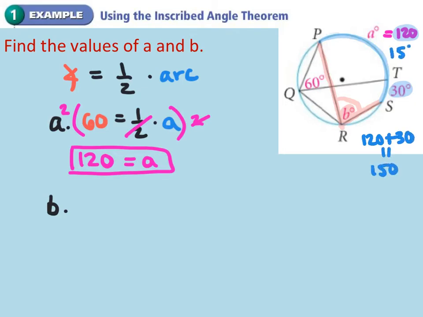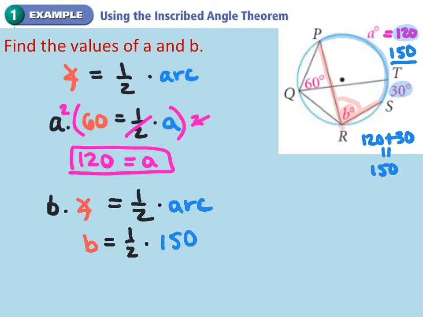So this arc has a length of 150. So now if I use the formula, the angle equals 1/2 times the intercepted arc, we have that the angle B equals 1/2 times the arc, which we said was 150. And now if you plug that in, that gives you a value of B equals 75.